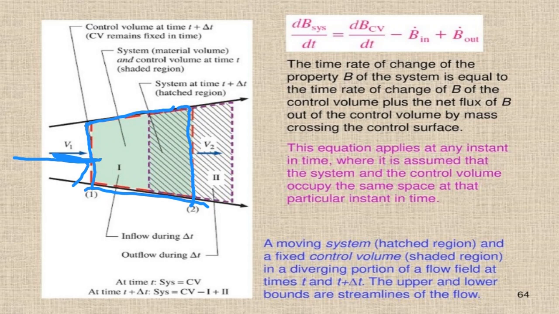At time zero, we have the control volume and the system overlapping each other. But at a time of delta t, the system will have moved like this. So there will be a reduction here, whereas there will be an increase there. This is what happens inside the control volume: the reduction amount from the control volume, and the added amount to the control volume.